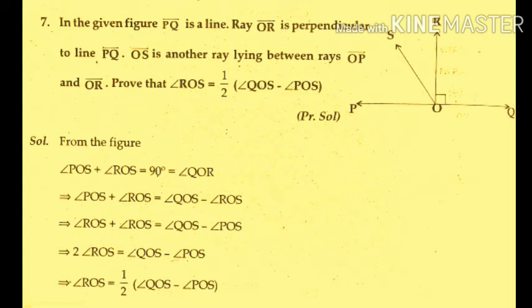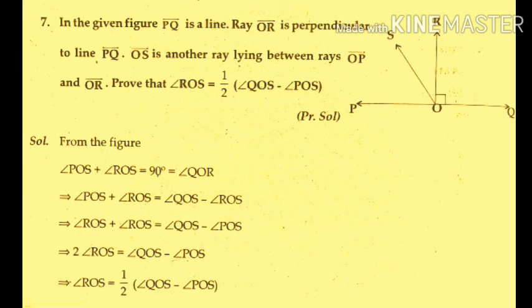Solution. In the given figure, ray OR is perpendicular to line PQ. So, angle POS plus angle ROS is equal to 90 degree as well as angle QOR also. That implies angle POS plus angle ROS is equal to, you can write angle QOR is equal to angle QOS minus angle ROS.